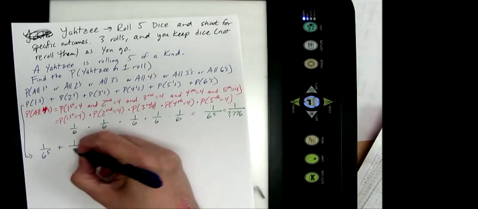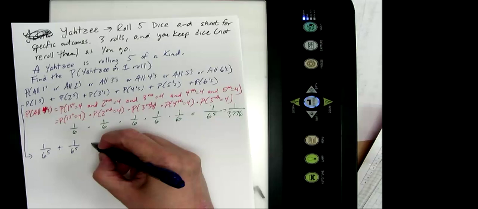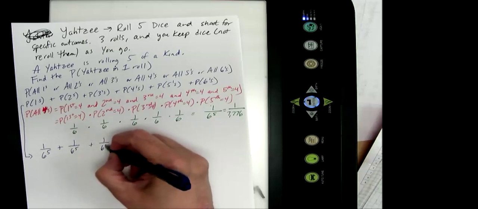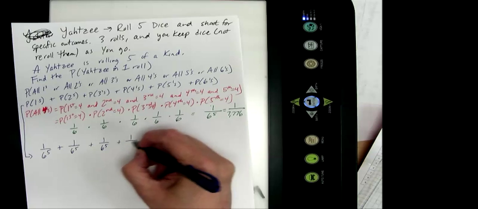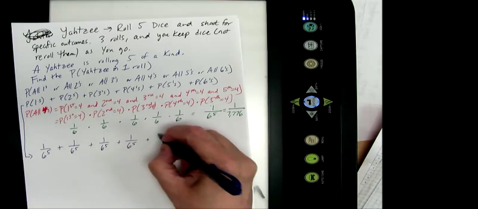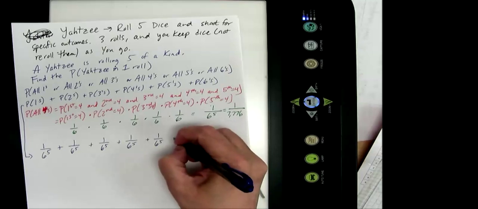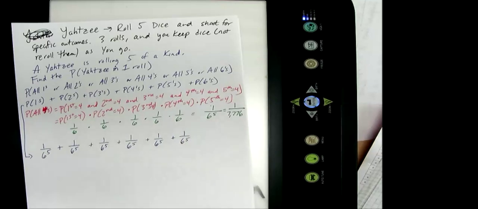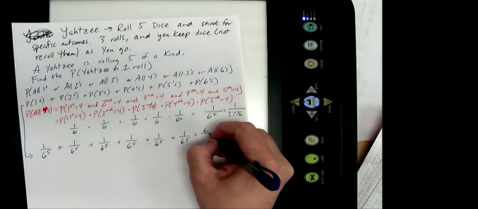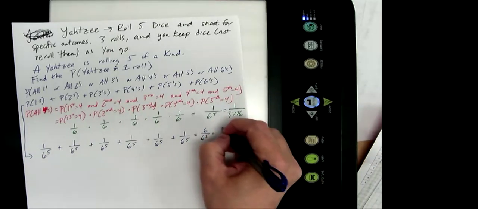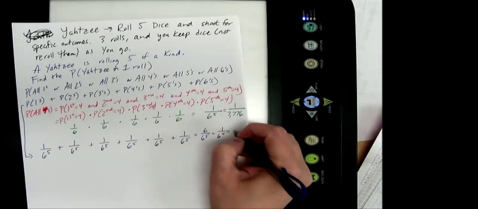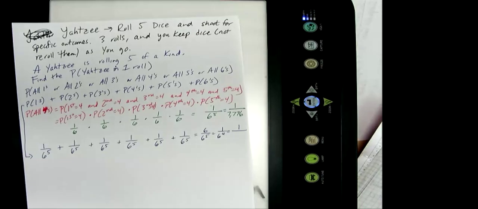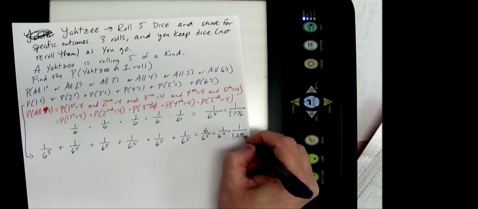All twos is the same, all threes, all fours, all fives, and all sixes. And if we add those up, we get 6 over 6 to the fifth, which ends up being 1/6 to the fourth, which is 1/1296.